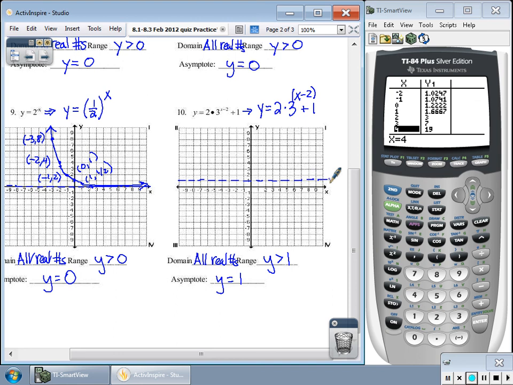And now we're going to pick some points to plot. 0, 1.2-ish is going to be right there. Let me fix that. 0, 1.2. Okay. 1, 1.6.